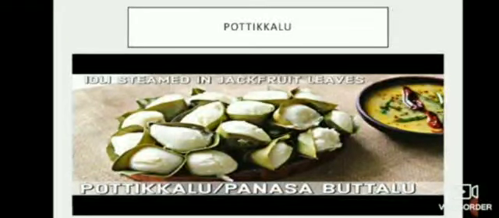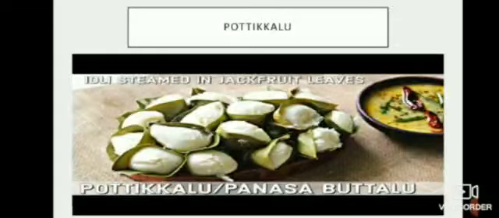These pottikalu are also known as panasabuttalu. It is a famous traditional food of Konaseema of Godavari districts. Leaves of jackfruit tree are used in its preparation. They make cups with these leaves and fill them with batter made of black gram and also rice rava or idli rava.